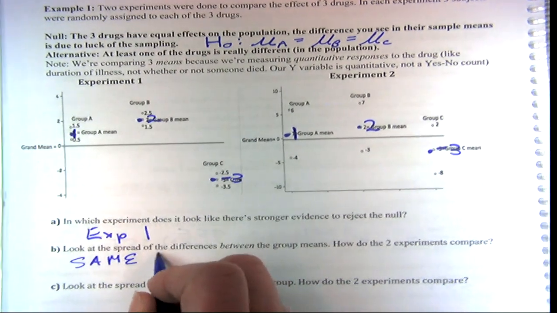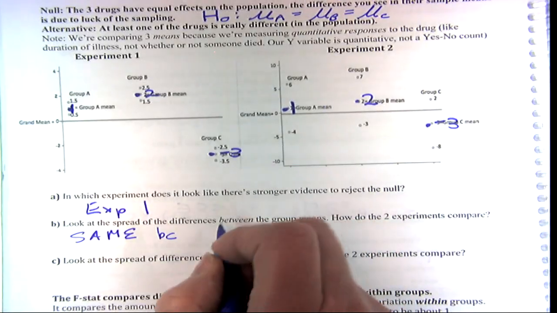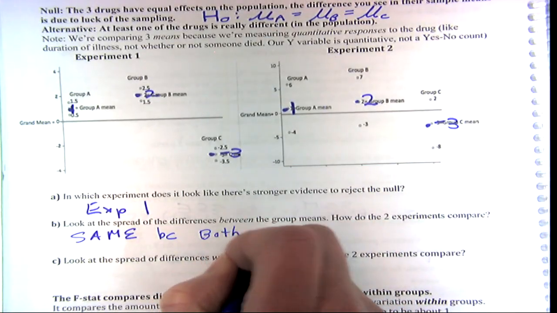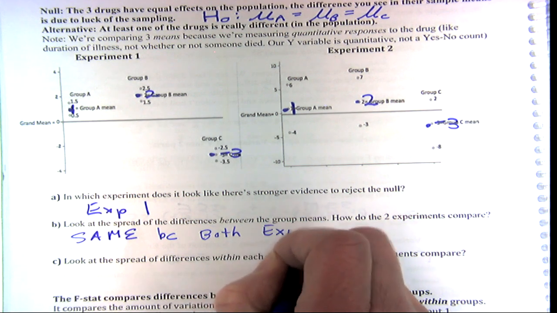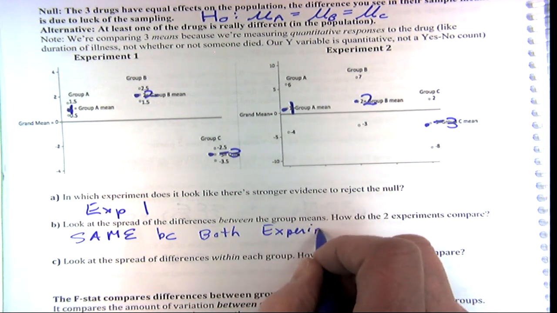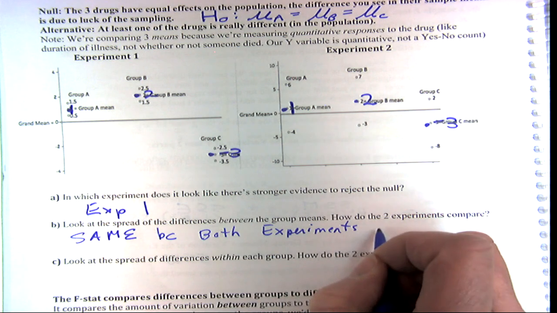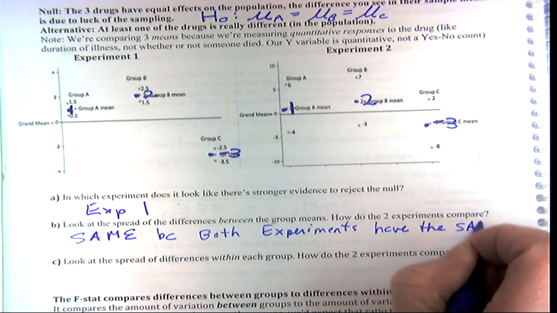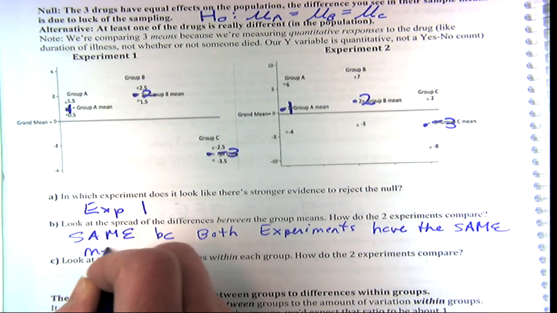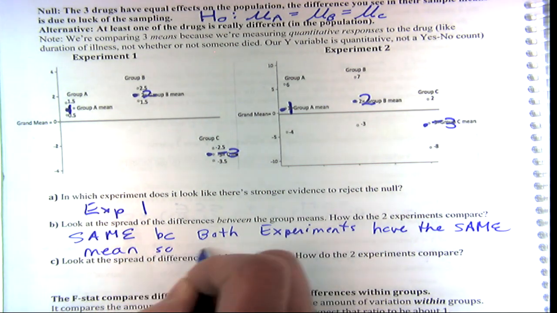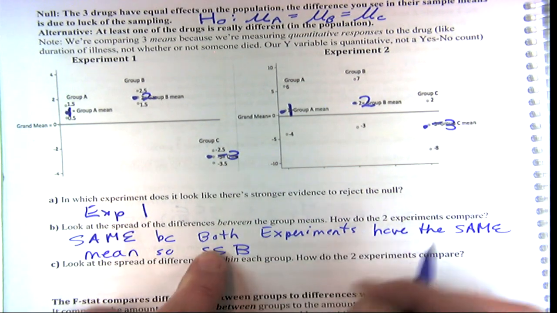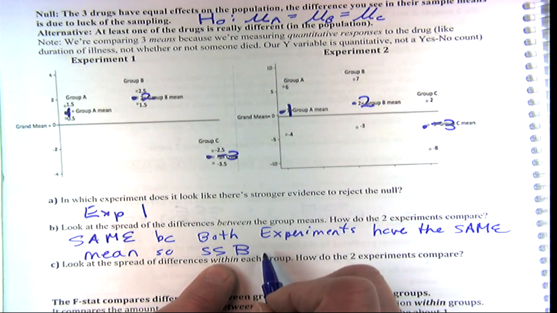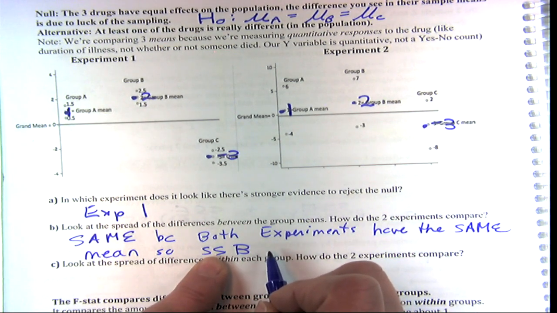They're the same because both experiments have the same means. So SSB, the sum of squares between, are going to be the same. I'll explain what that is on the next page.